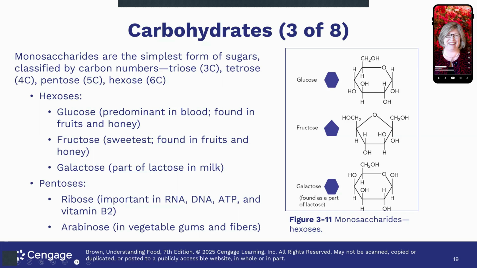Glucose, which is predominant in the bloodstream, is found in fruits and honey. Fructose is found in fruits and honey, and galactose is part of the lactose in milk. Okay, your pentoses or your 5 carbon sugars would be ribose and arabinose.